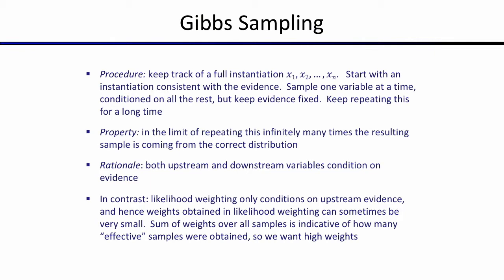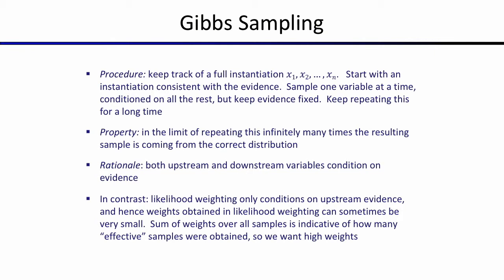This long time is quite imprecise, and we're going to see later that it is related to the mixing concept for Markov chains. And there is a property that if we keep repeating this process, the resulting sample will be coming from the correct distribution. We're going to see this later, but this corresponds to the idea of the stationary distribution for Markov chains.